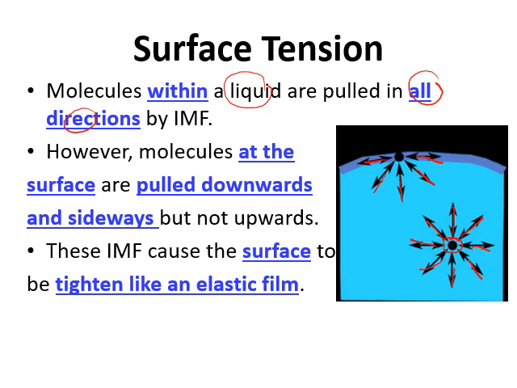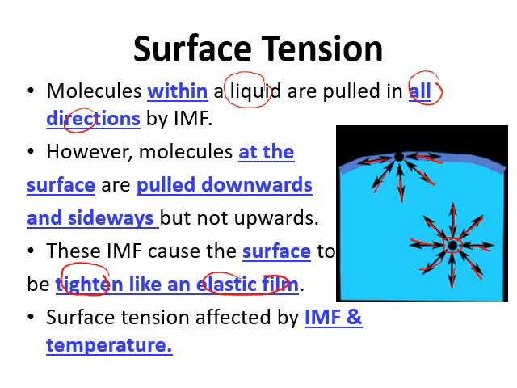This will cause the surface to be tightened like an elastic film. So that's why we can say that surface tension is affected by intermolecular force and also temperature. The stronger the intermolecular force, the greater the surface tension. So if we need the surface tension to become greater, the lower the temperature supposed to be.